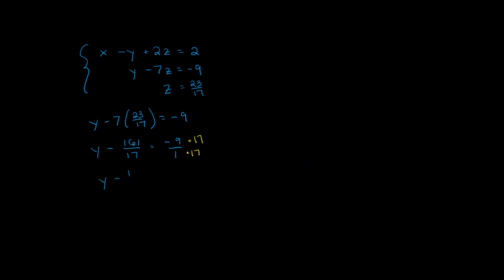So we have y minus 161 over 17 equals negative 153 over 17. And then I'm going to add 161 over 17 to both sides. So that's minus 153 plus 161. This gives us 8 over 17.